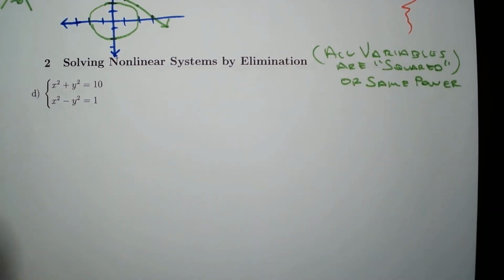We can also use it when they are all cubed, or when they are all to the 4th power, when they are all reciprocal powers, something like that. We can use that method.